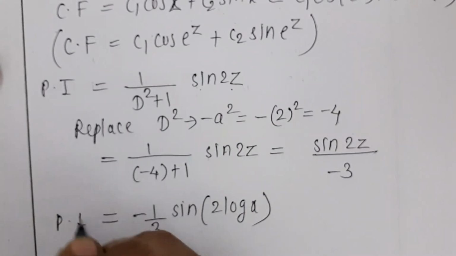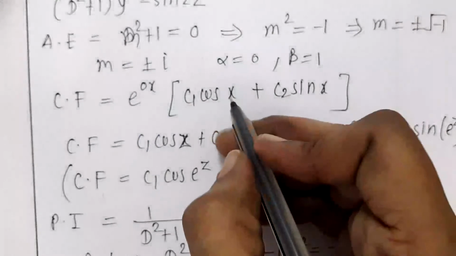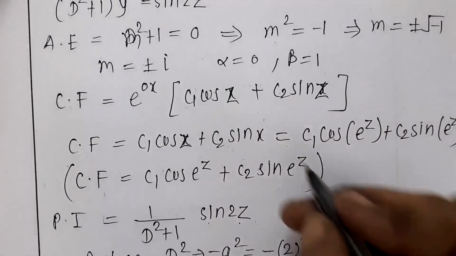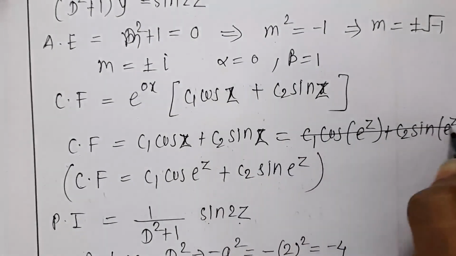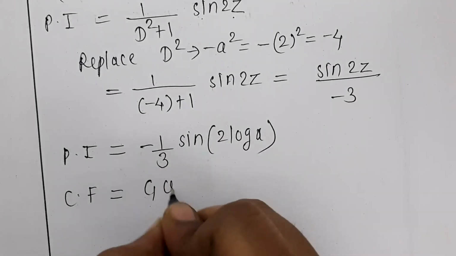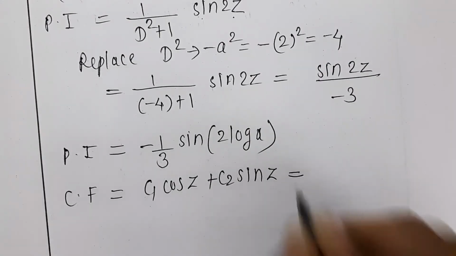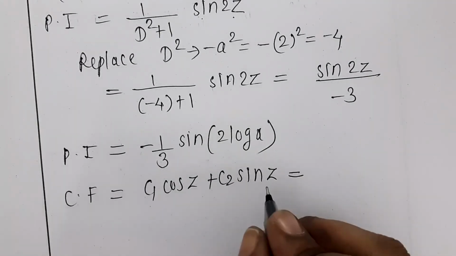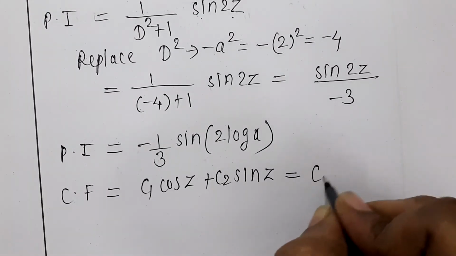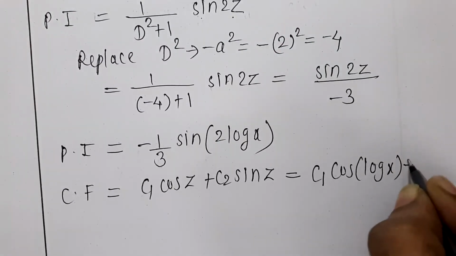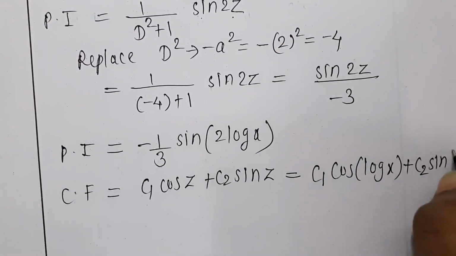This is PI, and in our CF, this is not x, this is z. This is wrong. CF is equal to c1 cos of z, because the independent variable here is z. So we get the answer in terms of z: c1 cos of z plus c2 sin of z. Now c1 into cos of z, where z is log x, plus c2 into sin of log of x.